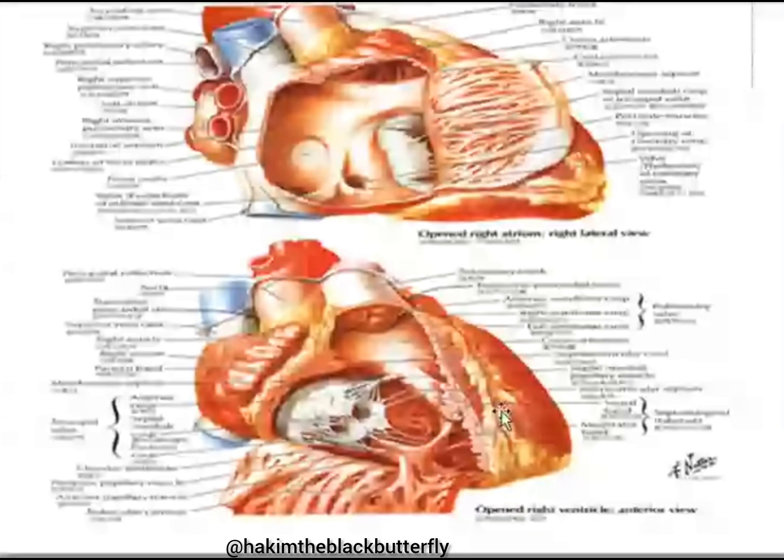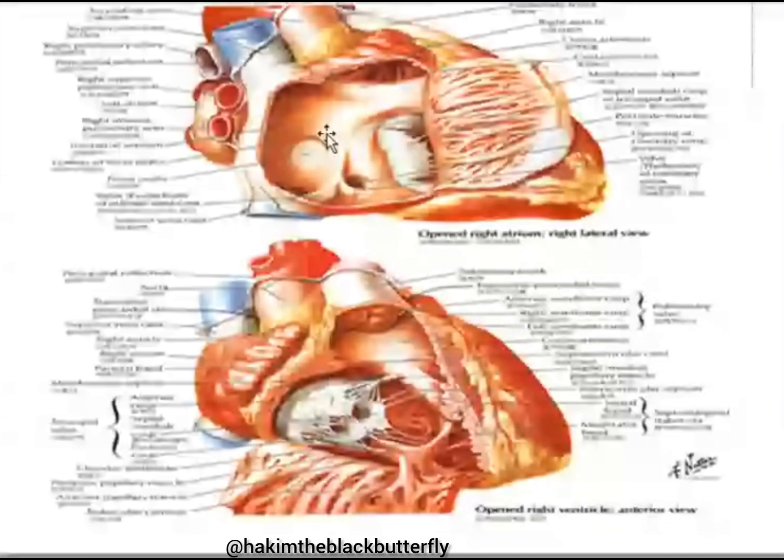Here we had opened the anterior wall of the right atrium. And here we have opened the anterior wall of the right ventricle. So when we open this wall to look inside the right atrium, this is what we are going to see.